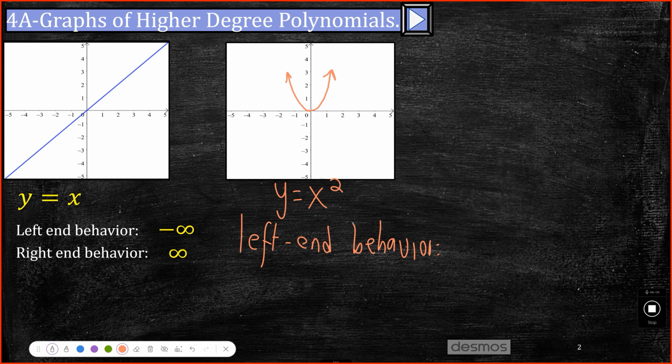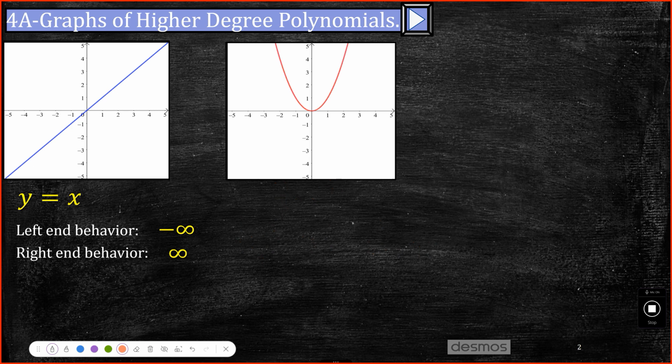We already know what this says, so let's just abbreviate it. LEB for left-hand behavior. Yes or no? Is that okay? We already know what we're talking about. You guys just write too much, so let's call it LEB. Left-hand behavior. All right.